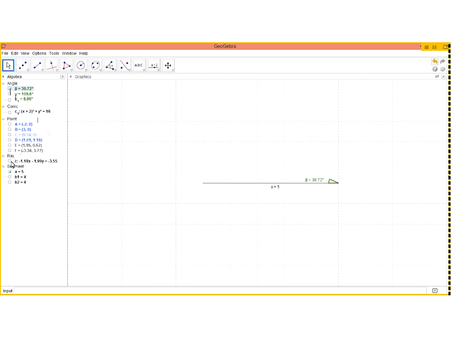So I have this setup. I know A is 5, and I know that this angle is 30.72. I also know that B is 4.